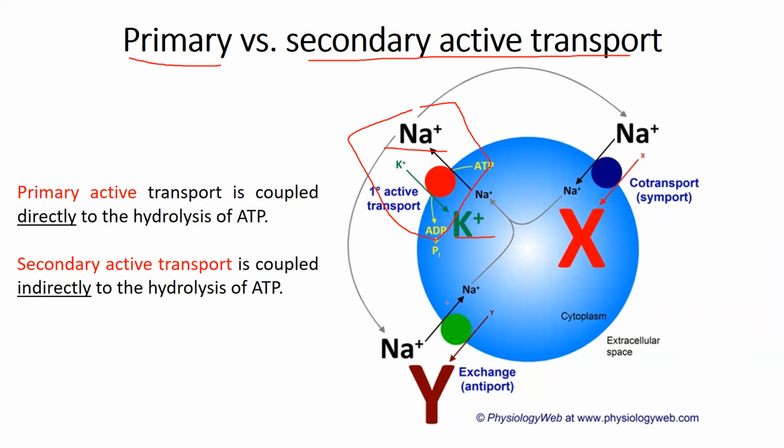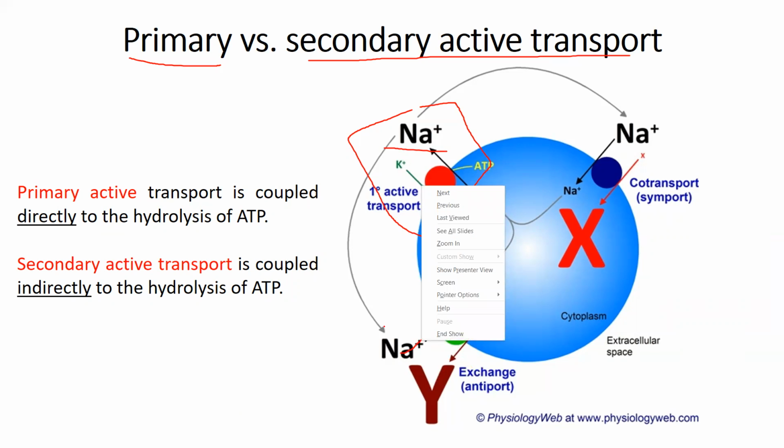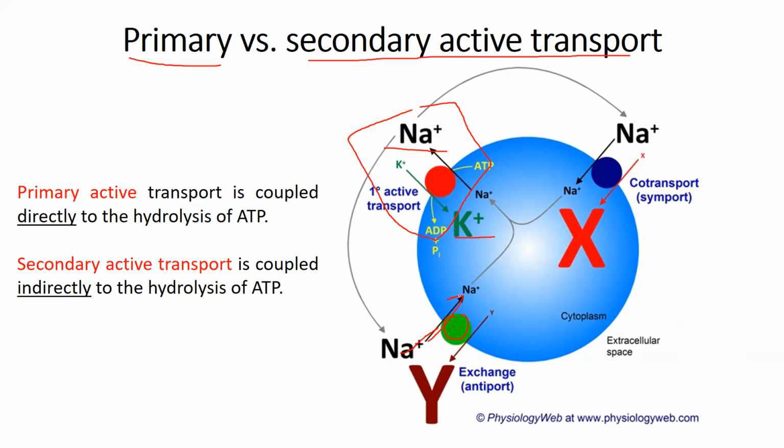So, for example, in this case, this in green is a secondary active transport where this carrier mediated protein would transport sodium down its concentration gradient, okay? You can see here that sodium is being transported from outside to inside. Outside is high in sodium and inside is low.